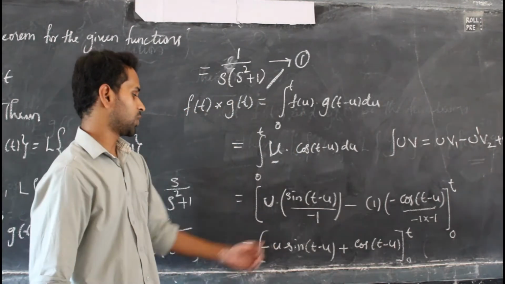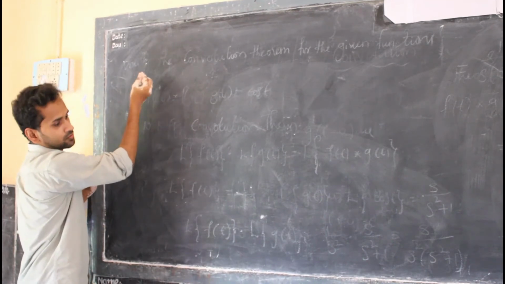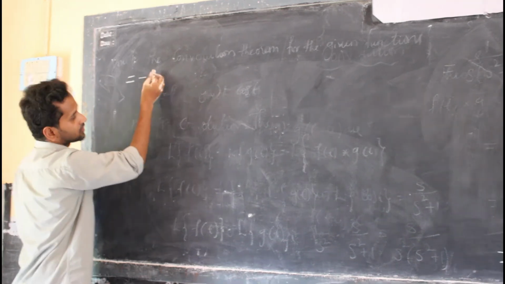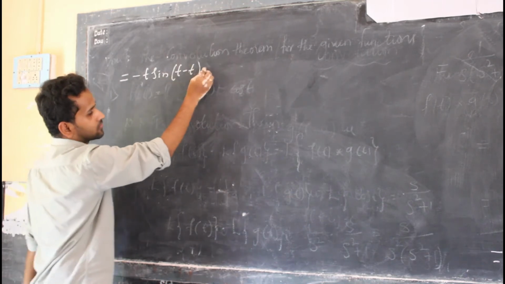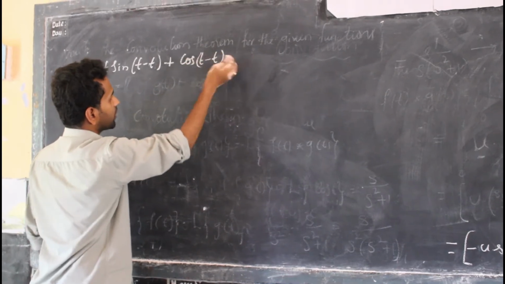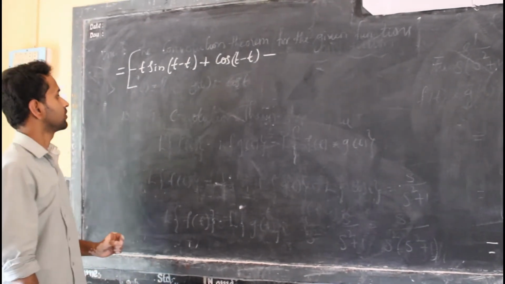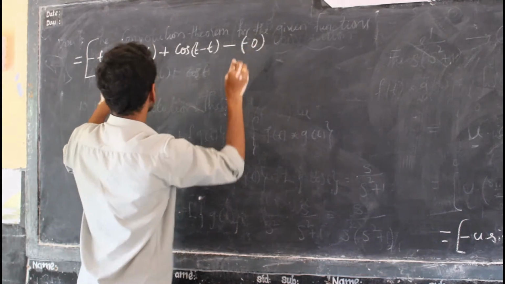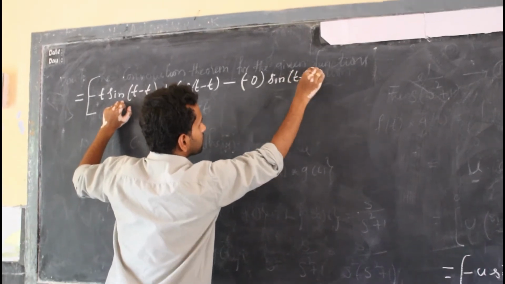Now I need to apply the limits here. By substituting the limits, we get minus of u, replacing it with t: t sin(t minus t) plus cos(t minus t). The upper limit is done; minus, again the lower limit I need to replace. The lower limit is 0. That becomes minus of 0 into sin(t minus 0).